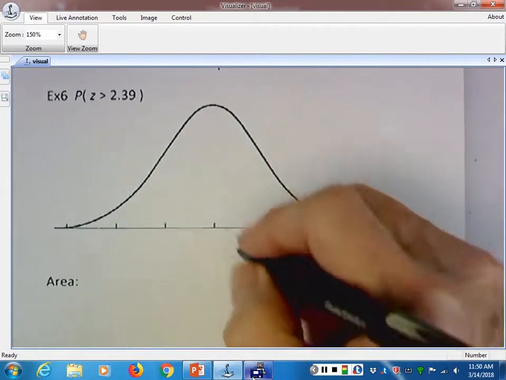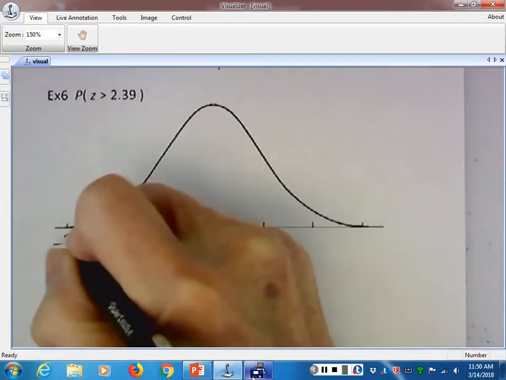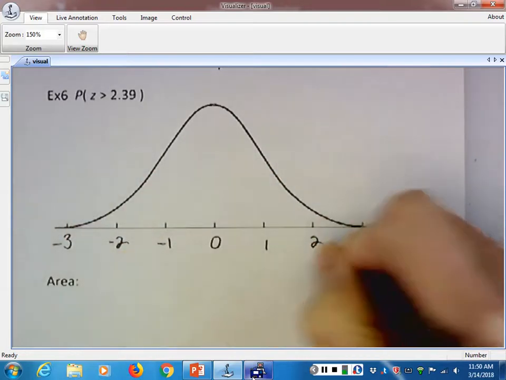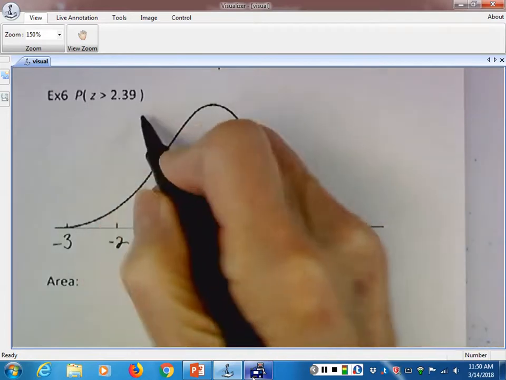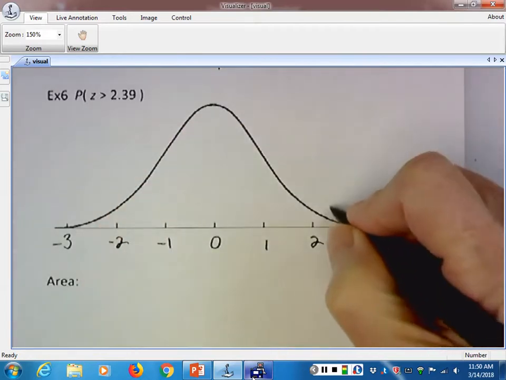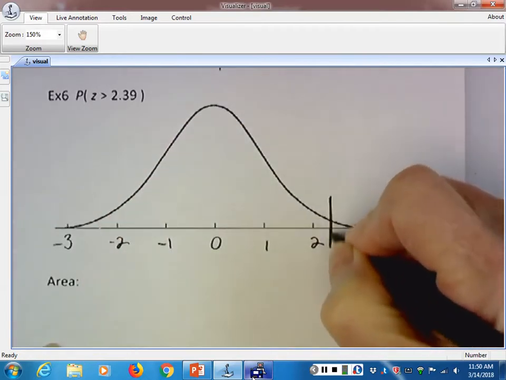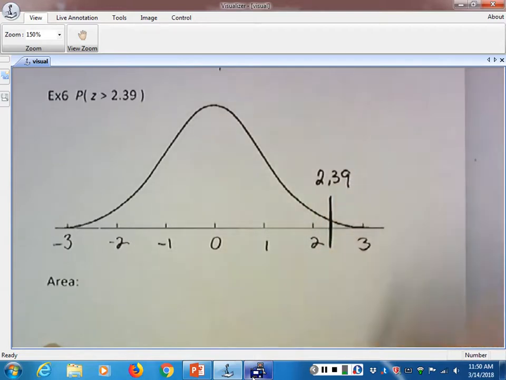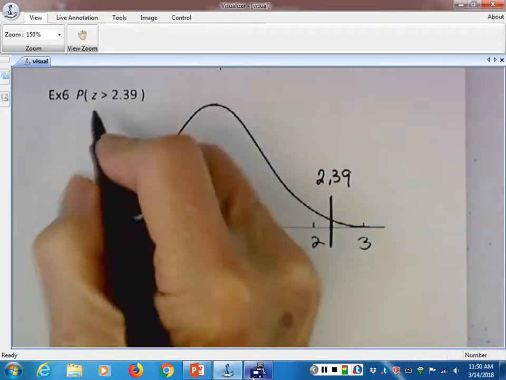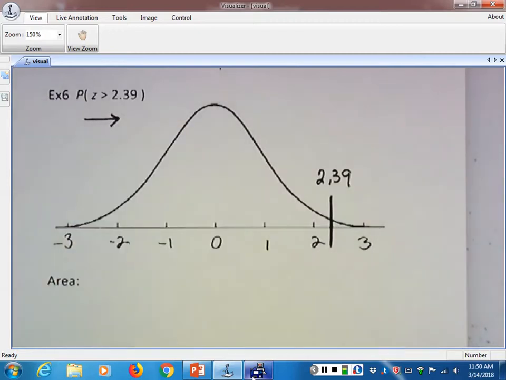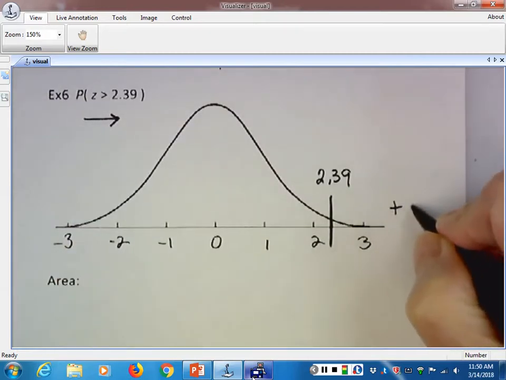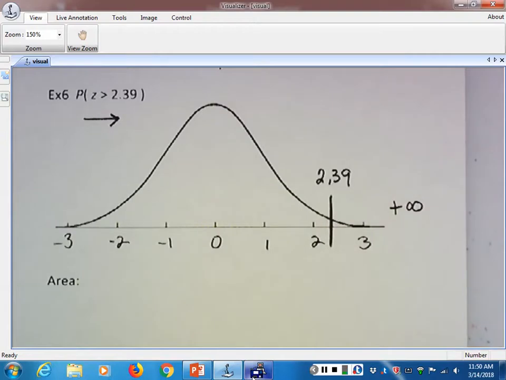And again, that's Z, so it's -3, -2, -1, 0, 1, 2, 3. 2.39 is between 2 and 3. And since it says greater than, that's going to be the area to the right. So our ending number is going to be positive infinity.